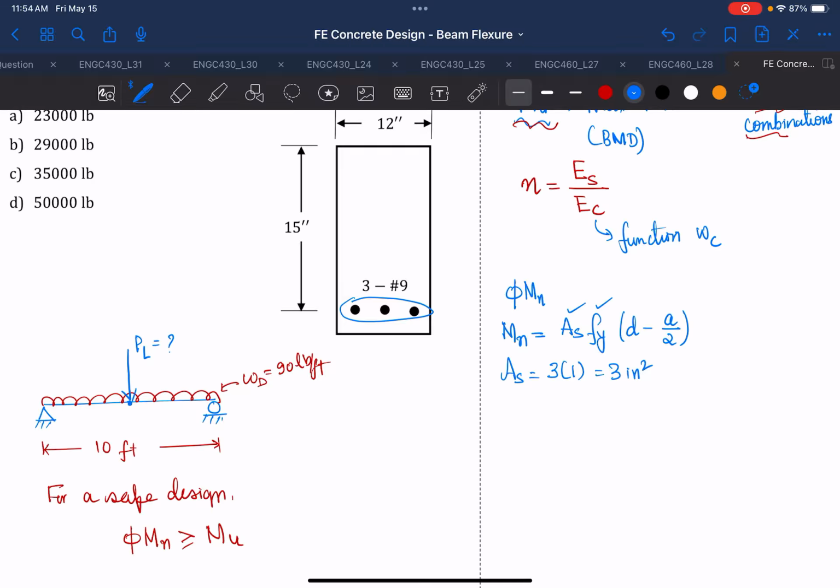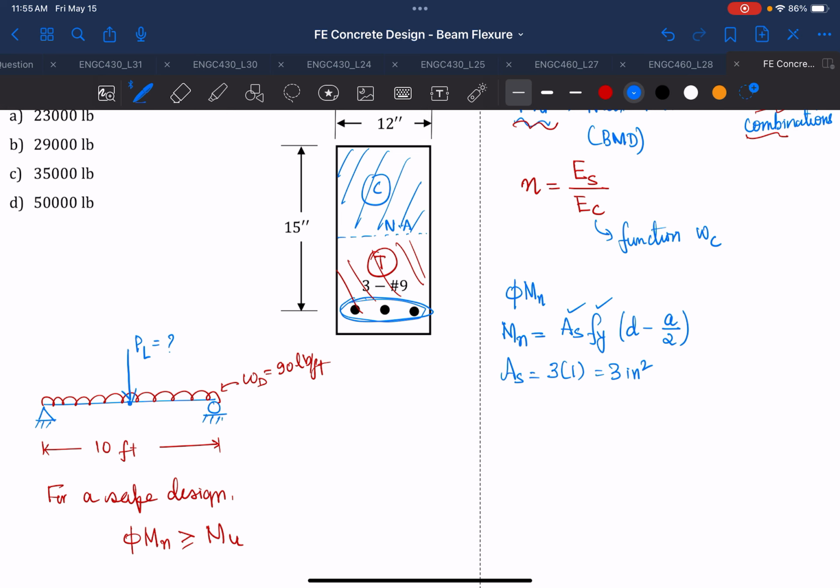Remember that in your class you see that this is your neutral axis, everything on the top will be compression, and everything below will be tension. And we also know that concrete cannot resist tension, or is weak in tension, so that's why you provide steel reinforcement at the bottom.